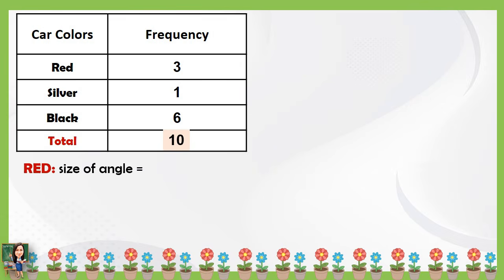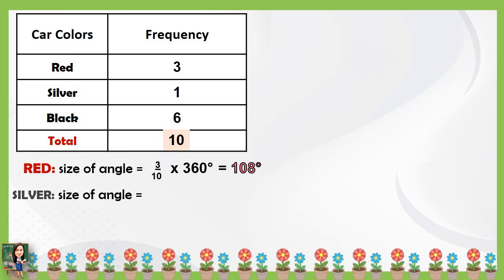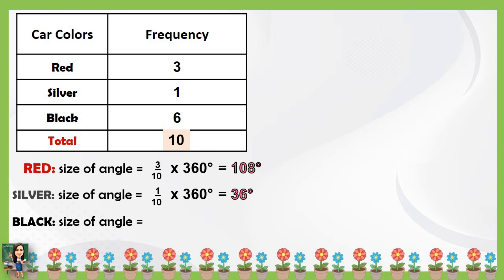For red, size of angle equals 3 divided by 10 times 360 degrees equals 108 degrees. Silver, size of angle 1 divided by 10 times 360 degrees equals 36 degrees. Next, black.